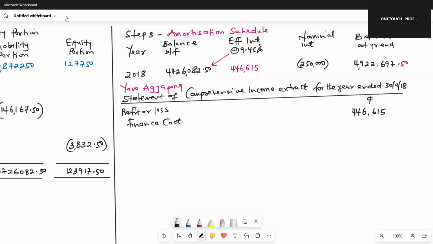Then we have the statement of financial position as at 30 September.